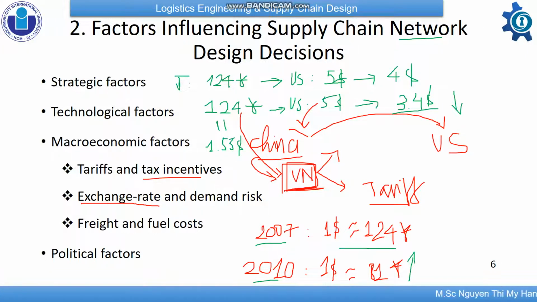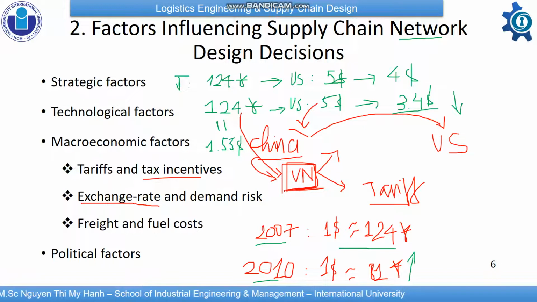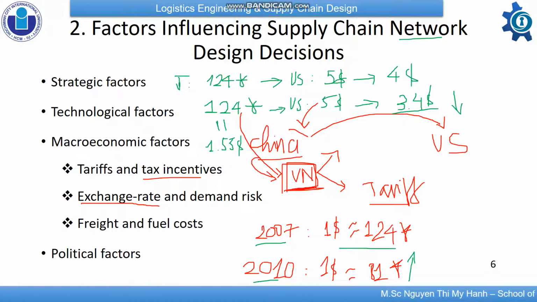The real GDP in the US decreased by 2.4%, but China and India increased. So if they locate their factory in China and in India, they will have better performance in their profit, in managing the company.